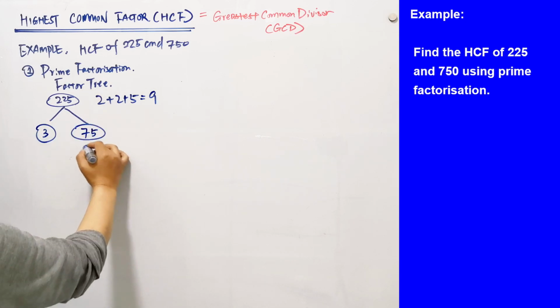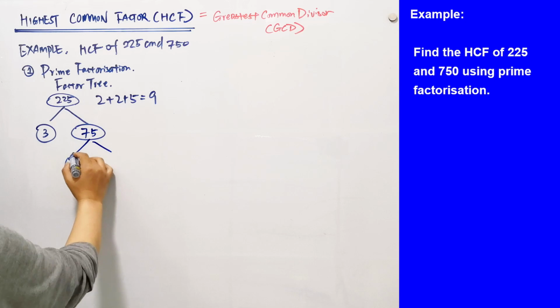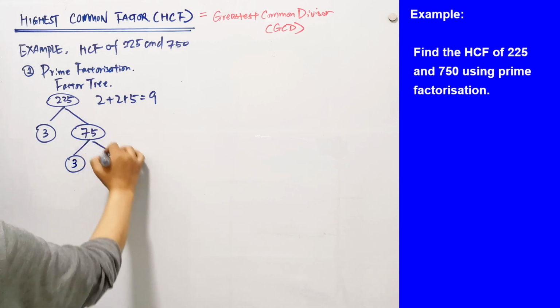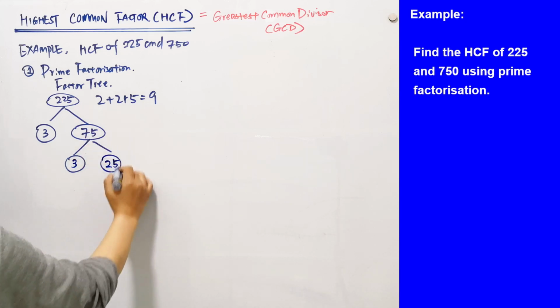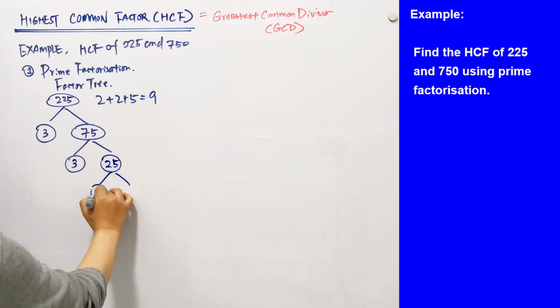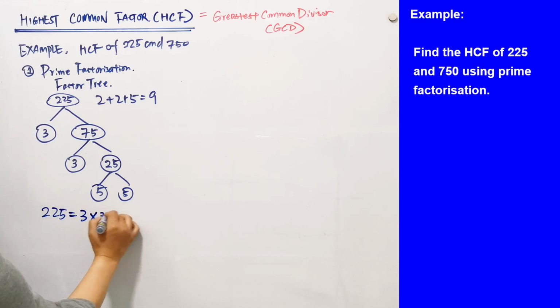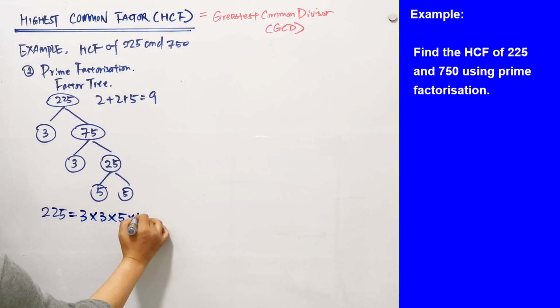Then we get a result of what? 75, right? The next one: can we put a 5? Can we put another? Okay, we'll put another 3. So 25, right? So continue: 5 and then 5. So what is the prime factorization of 225? 225 equals 3 times 3 times 5 times 5.